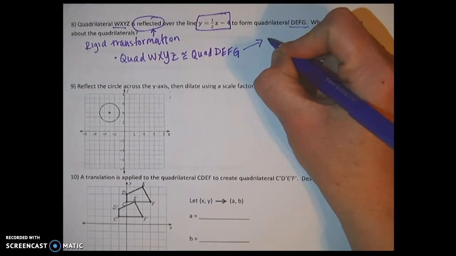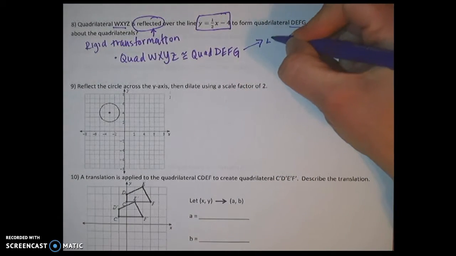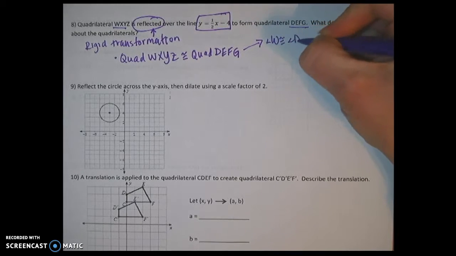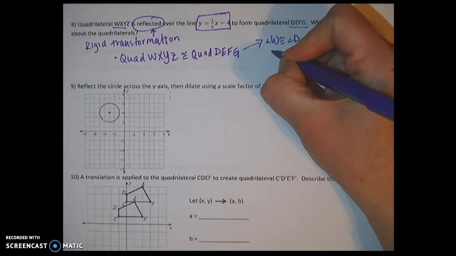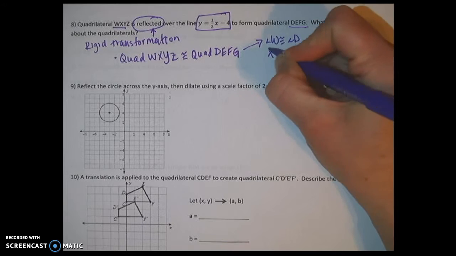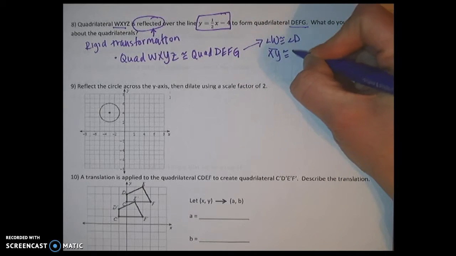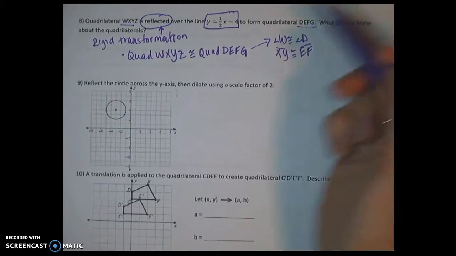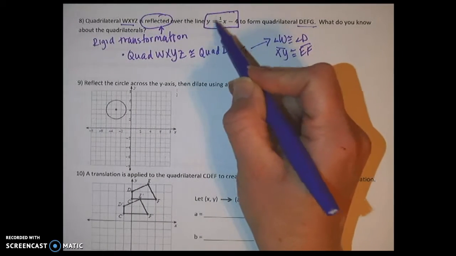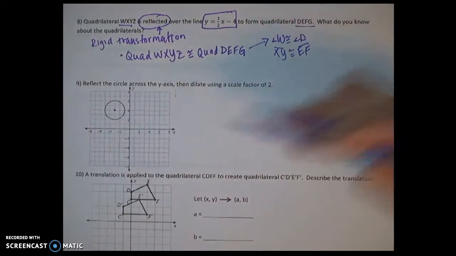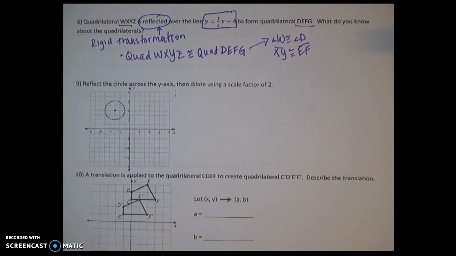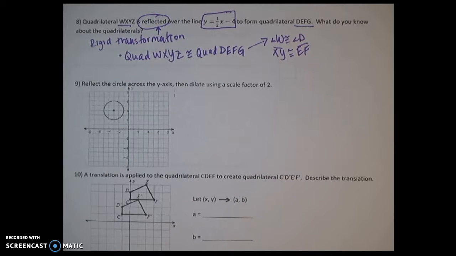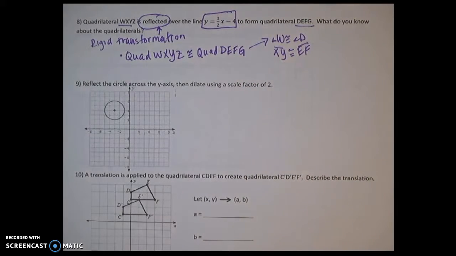So we would know, for example, that angle W is congruent to angle D. We would know that side XY is congruent to side EF. So we would know that all of those were congruent. It does not matter that this says 1/2. It does not matter anything about that. We know that the sides and the angles are all congruent because it is a rigid transformation. So this is what we would know from there.